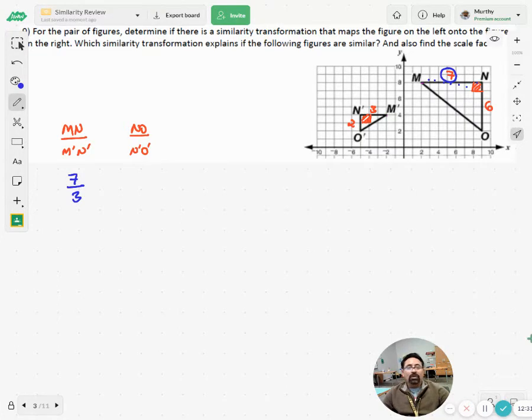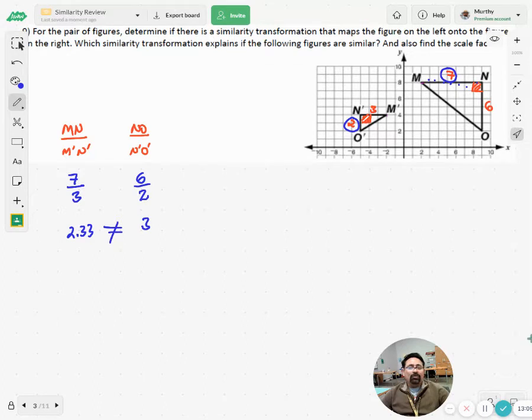And NO is 6 units, and you see that N prime O prime is 2 units. So if I compute 6 over 2, I get 3, and 7 over 3, you may grab your calculator and compute the value. I'm taking the TI-84, 7 divided by 3 gives me 2.33. I see that these values are not equal.